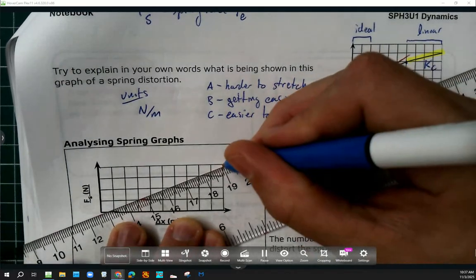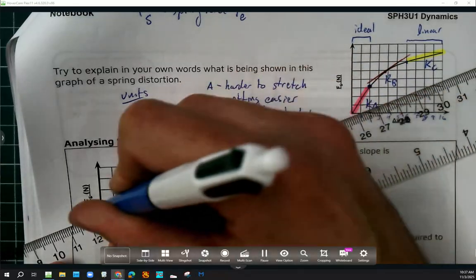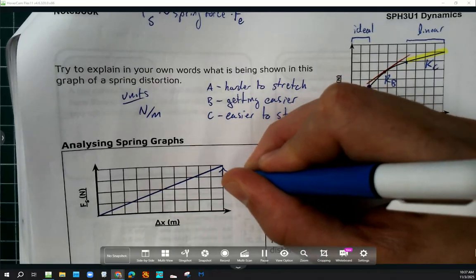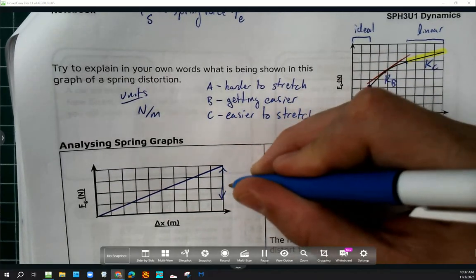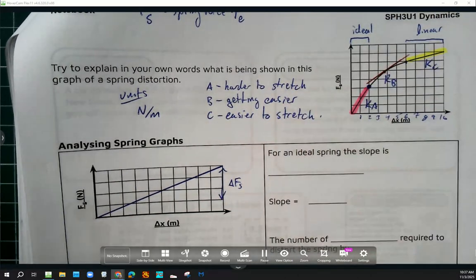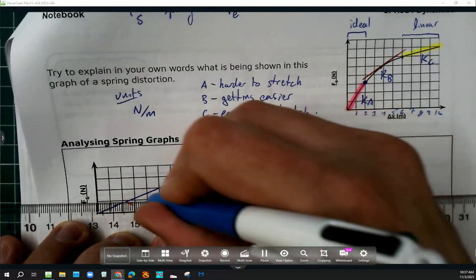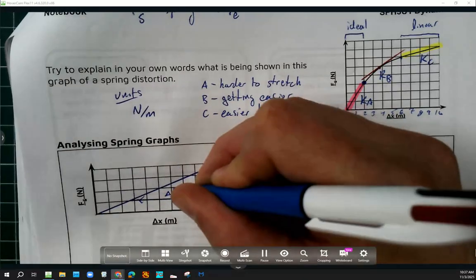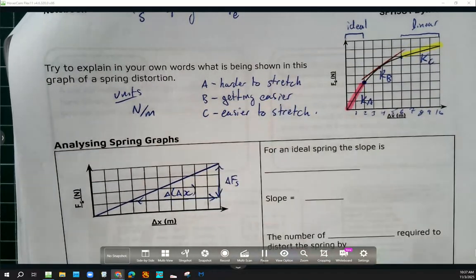This linear graph. Let's stay ideal again. If I have an ideal spring, we all agree the slope of this spring would be delta Fs over delta x. Sorry, the rise would be Fs, and the run would be this weird delta of delta x, the change in the changed length.